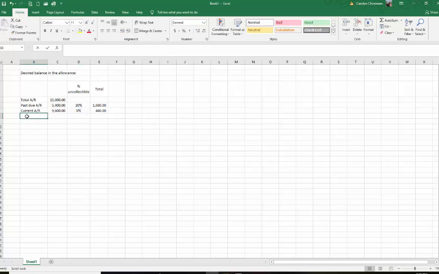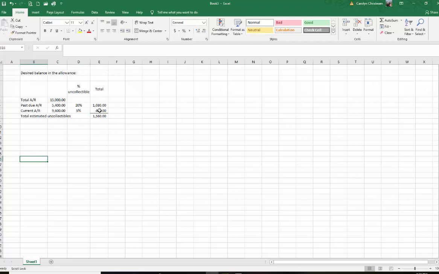Then total estimated uncollectibles is equal to the sum of these two. So what we're saying is we estimate that $1,560 of our receivables are uncollectible.